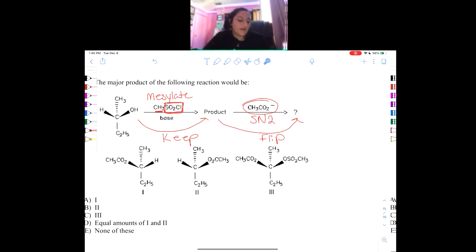and we have it drawn in a really weird way here. So it's not like a regular wedge and dash. So in this version, all we're going to do in order to flip the stereochemistry is flip the 2 wedges. So we flip the OH from the right side to the left side.